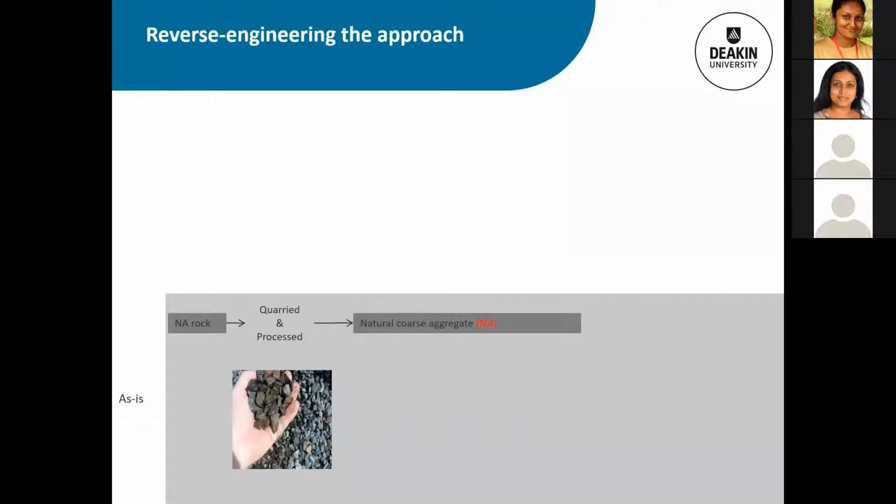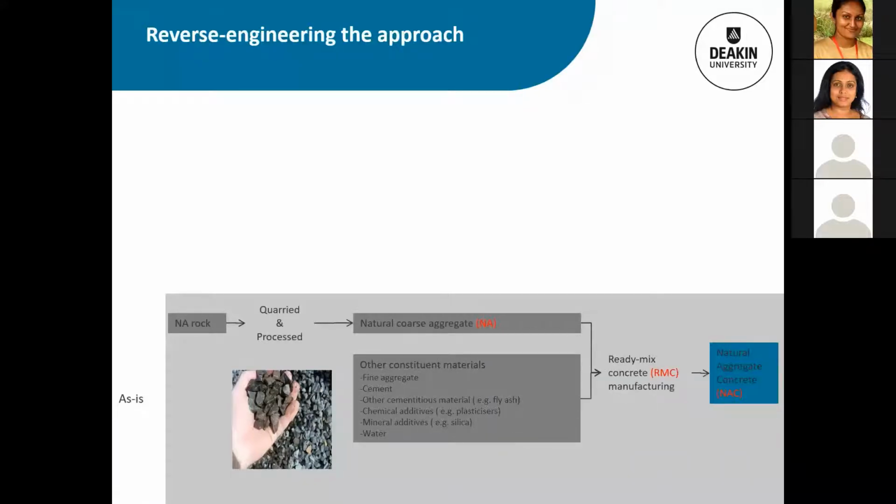I'm only taking the coarse aggregate, not the fine aggregate, which will be mixed with other constituent materials, which includes fine aggregate, as we call sand in Sri Lanka, cement, other cementitious materials, chemical additives, mineral additives, and water. We have ready-mix concrete manufacturing to produce, in this project, what I call natural aggregate concrete. So this is a typical concrete we produce in a ready-mix concrete facility.